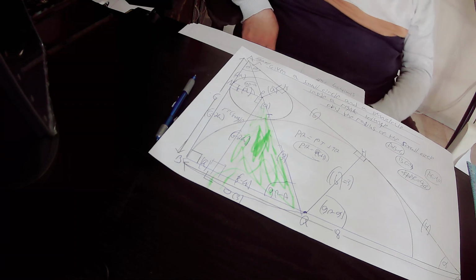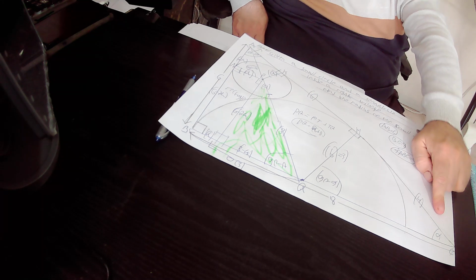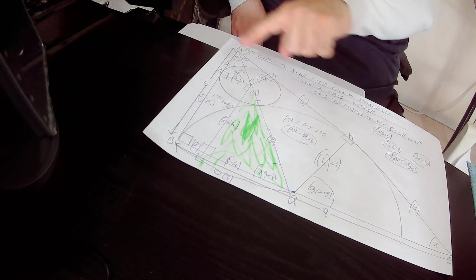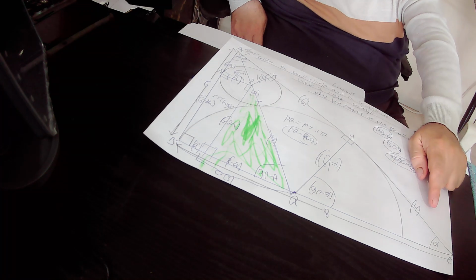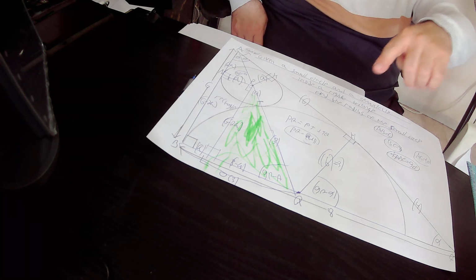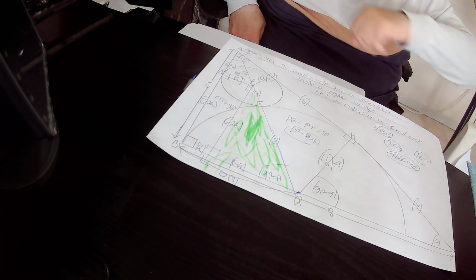So actually, this is angle C, and it is a common angle that belongs to both triangles. Angle C belongs to the big right triangle ABC, and the same angle C also belongs to the small right triangle HCQ.